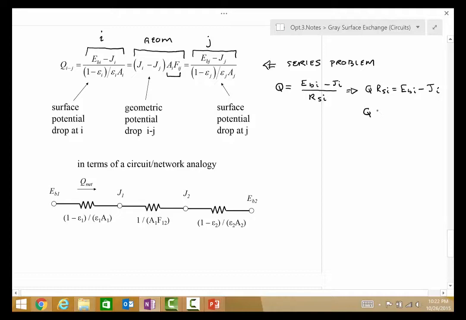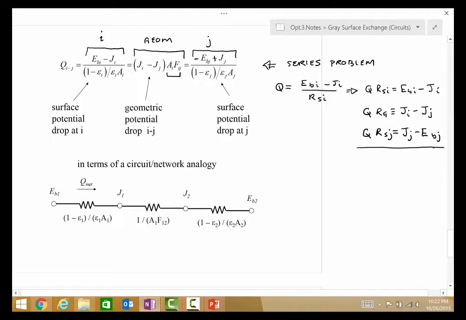So Q times R geometric is equal to Ji minus Jj. Q times RSj is equal to, and this is a typo actually, Jj minus Ebj. So I have a sign error here.